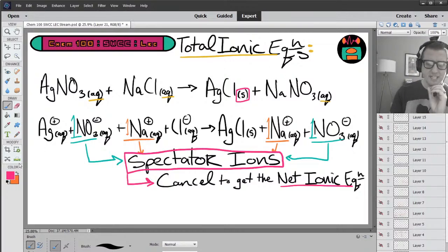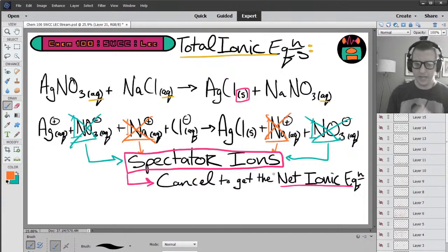To get your net ionic equation, you take every spectator ion and you cancel it out. You cancel out your nitrates, you cancel out your sodium, and what you're left with is only the ions and molecules that actually participate, that actually change in the reaction.